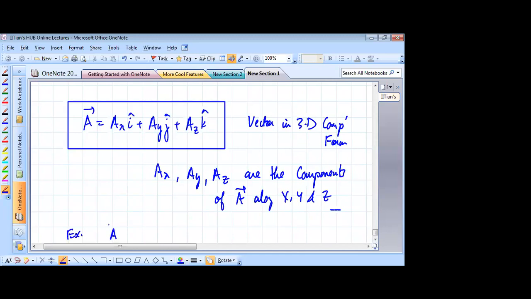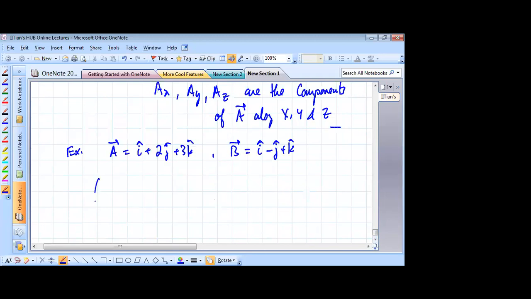So for example, if I have the vector E, which is i cap plus 2j cap plus 3k cap, and I have a vector B which is i cap minus j cap plus k cap, and I say find out E plus B. You just do it in the same way, like we've done for 2D.